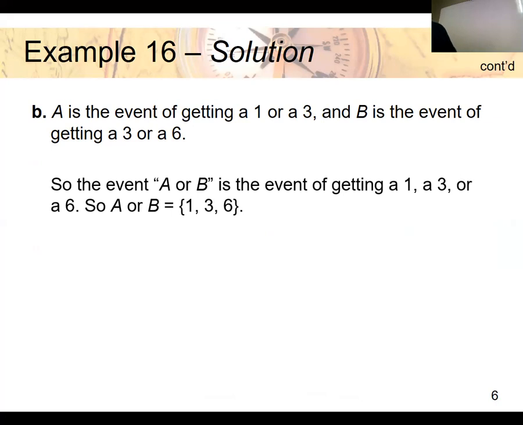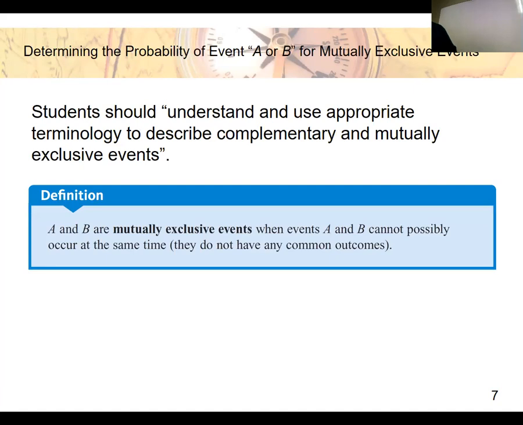And in fact, parts A and B in that example represent the definition of what is mutually exclusive and what is not mutually exclusive. So in part A, that fits the definition of mutually exclusive events. In other words, A and B are mutually exclusive events when A and B cannot possibly occur at the same time. In other words, they don't have any common outcomes.